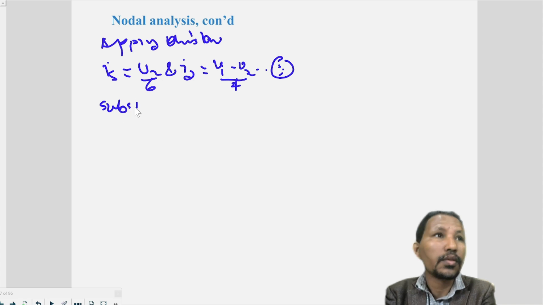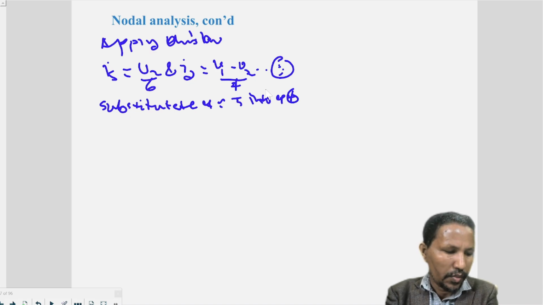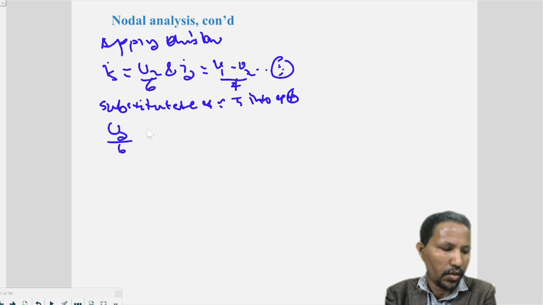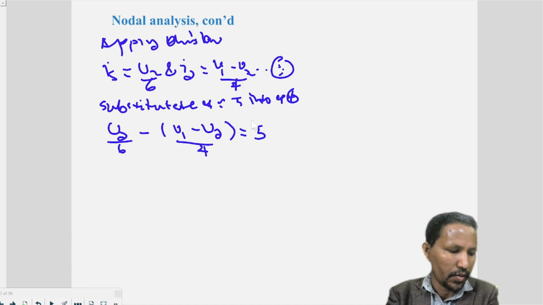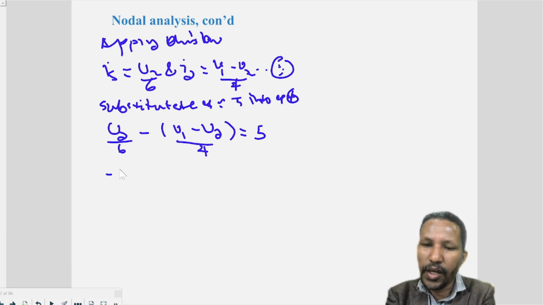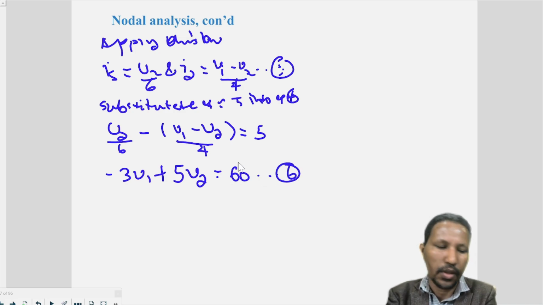Substitute equation 5 into equation 4. That means V2 over 6 minus (V1 minus V2) over 4 equals 5. After simplifying, we have minus 3V1 plus 5V2 equals 60. So this is equation 6.